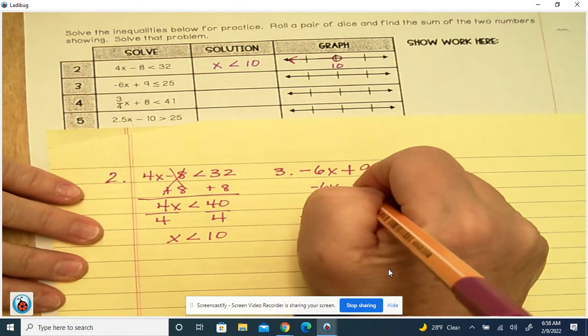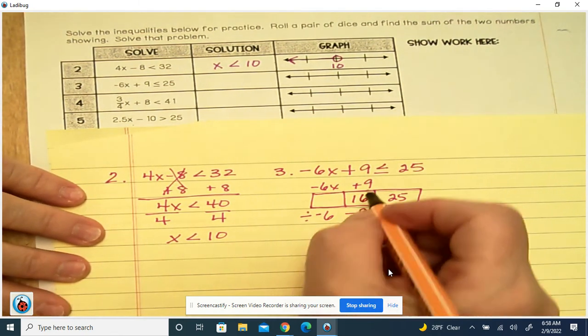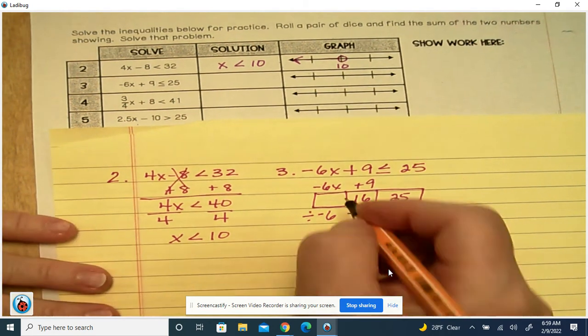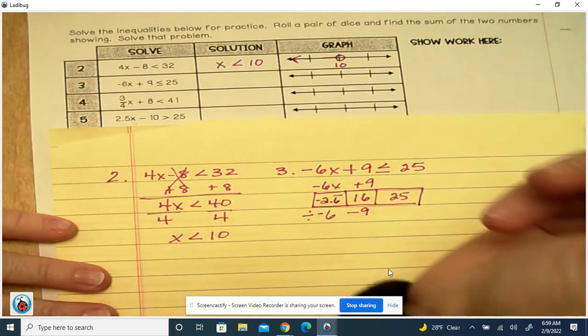And 16 divided by negative 6 is a negative 2.6 repeating, or 2.7.